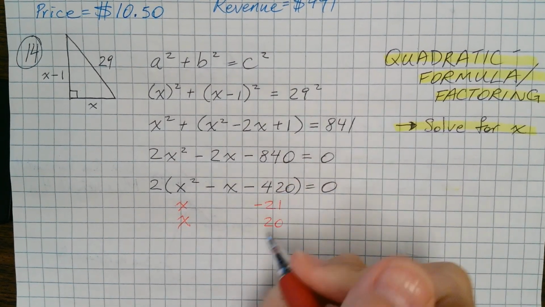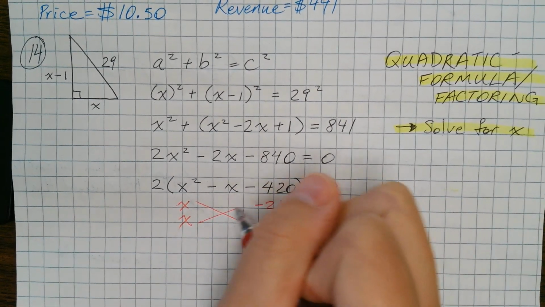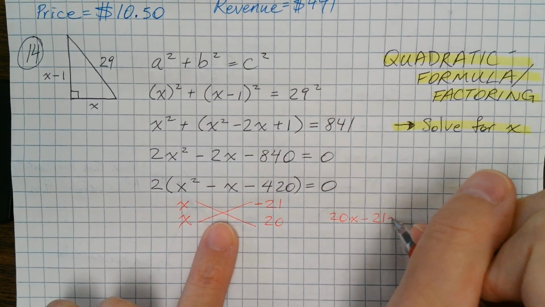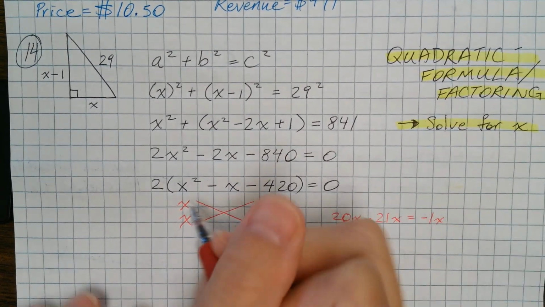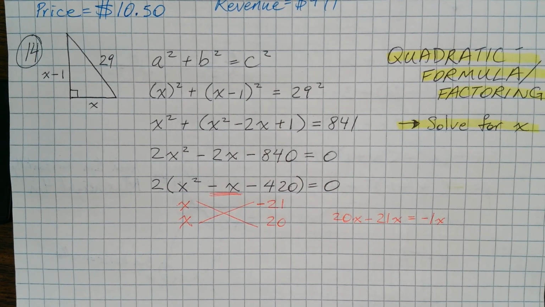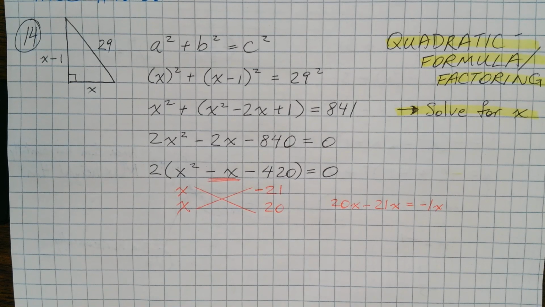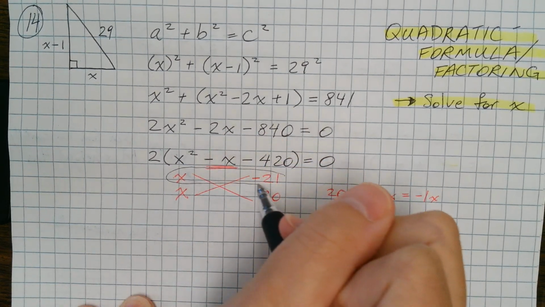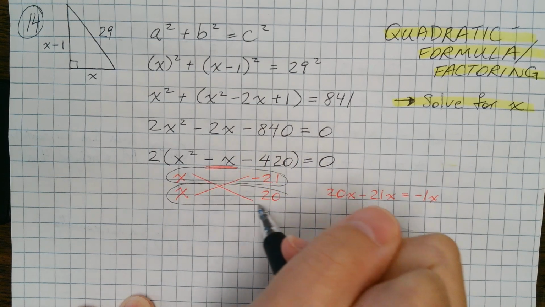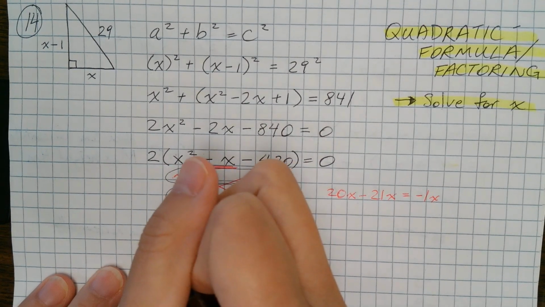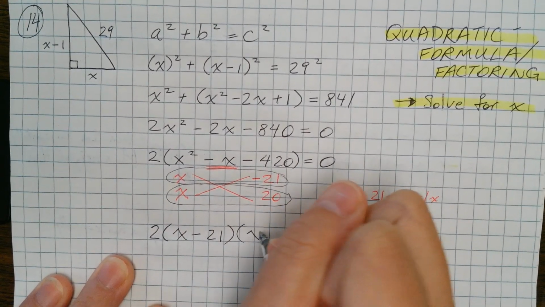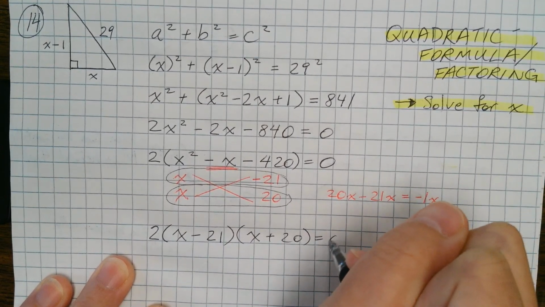So if it's negative 21, when I cross multiply, I can get 20x minus 21x, which gives me the negative 1x that I want in the middle. Okay. So I found my factors. So therefore, this is my first bracket, this is my second bracket. So 2 times (x minus 21)(x plus 20) equals 0.